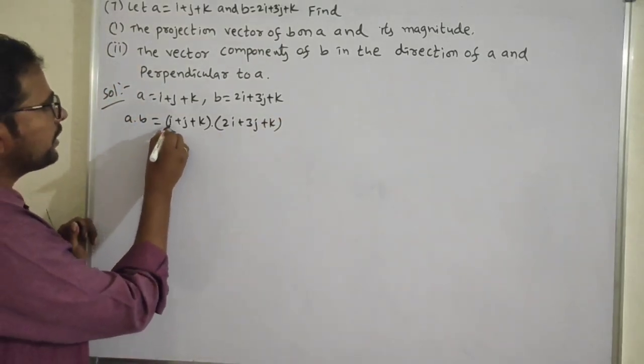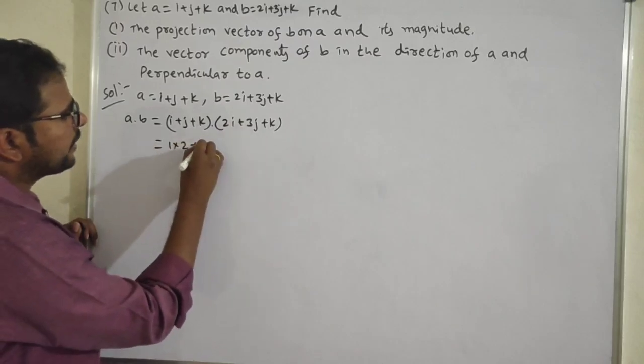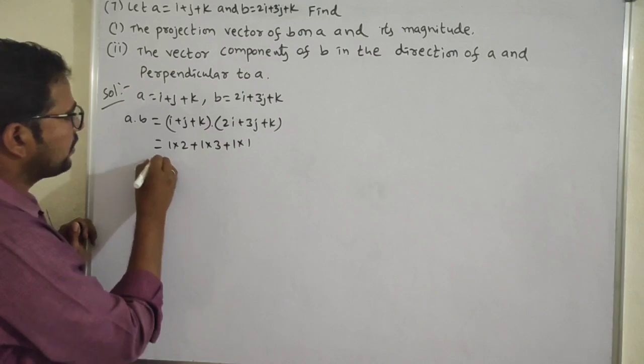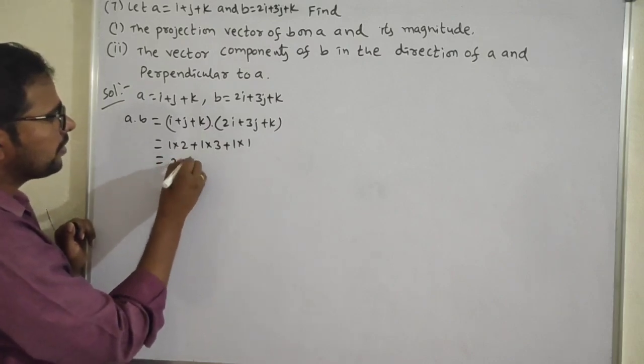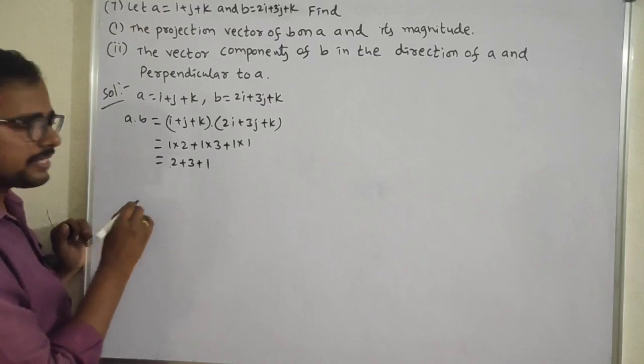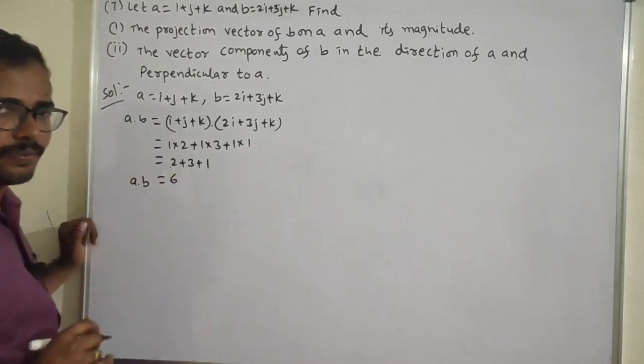Take the coefficients only. 1 into 2 plus 1 into 3 plus 1 into 1. So 1 2s are 2, 1 3s are 3, plus 1 1s are 1. 2 plus 3 plus 1, 6. This is A dot B. A dot B is equals to 6.